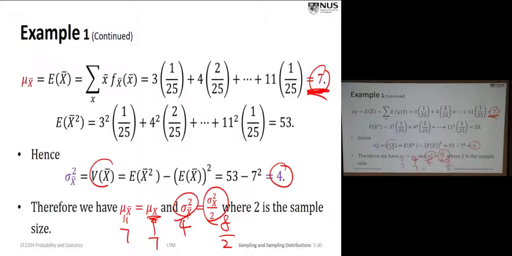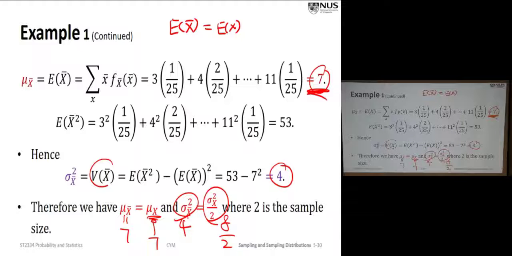So, at least for this particular example, expectation of x bar equals expectation of x. That means the original mean of the population, the expectation of x, is the same as what I expect from x bar.